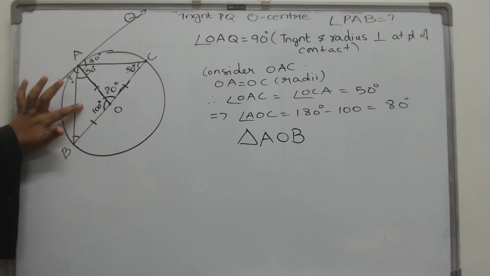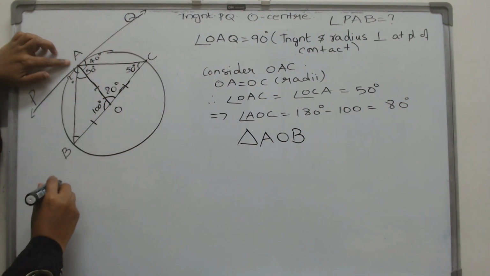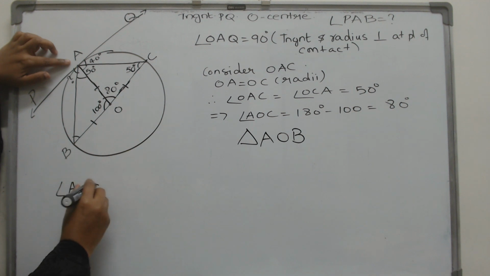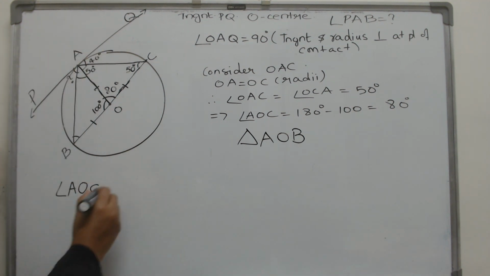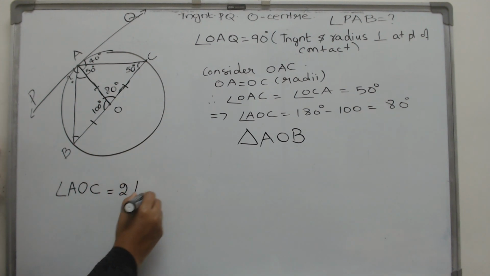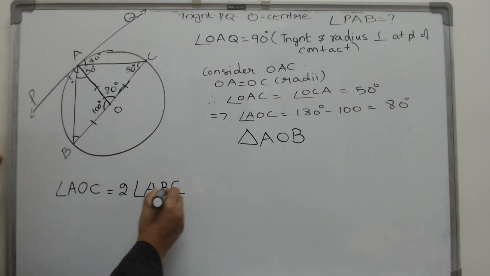Look at this illustration very carefully. If you see this chord AC, we know that the angle that a chord subtends at the center is 2 times the angle that the same chord subtends at any other point on the circle. So what does that mean?